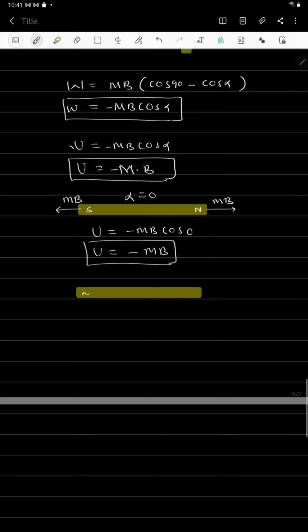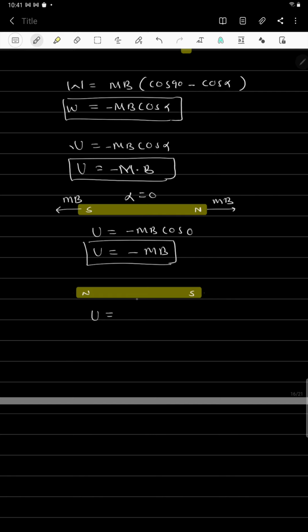The north pole came here and the south pole came here. It means we have done work on the magnet from this point to this point, and the rotation is 180 degrees.